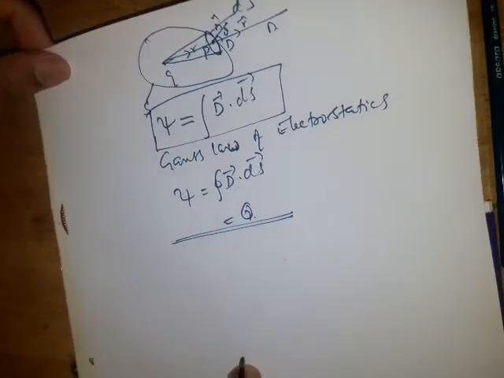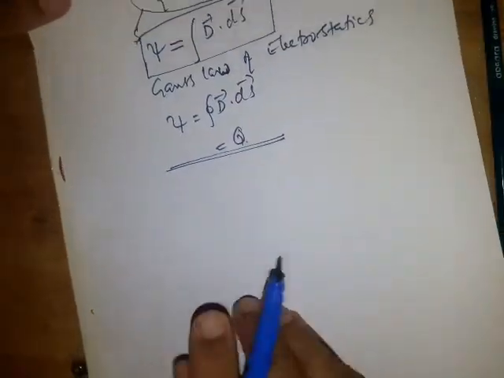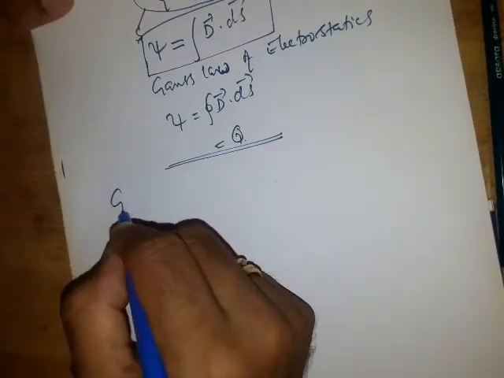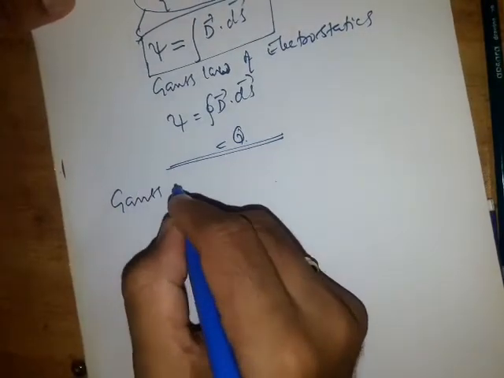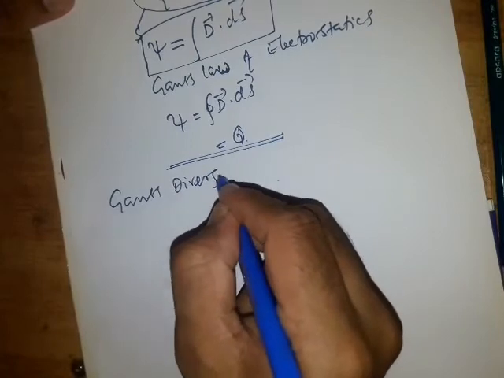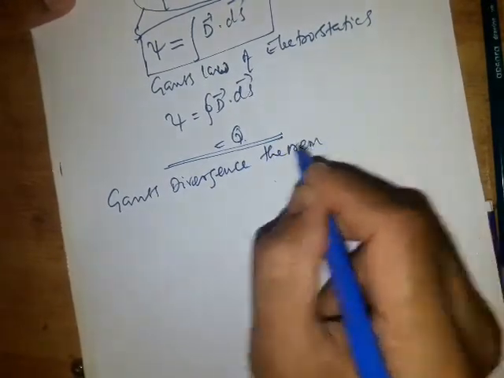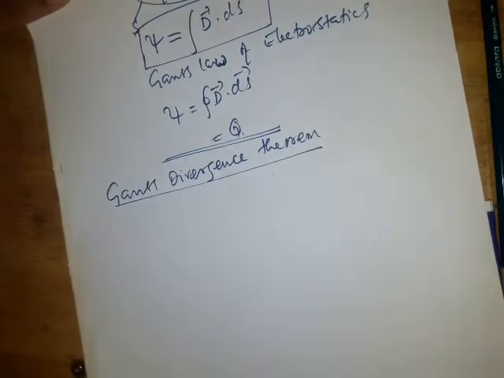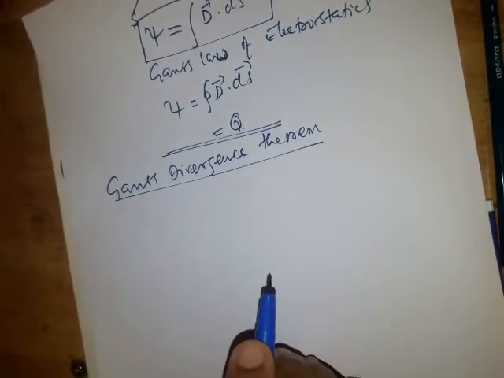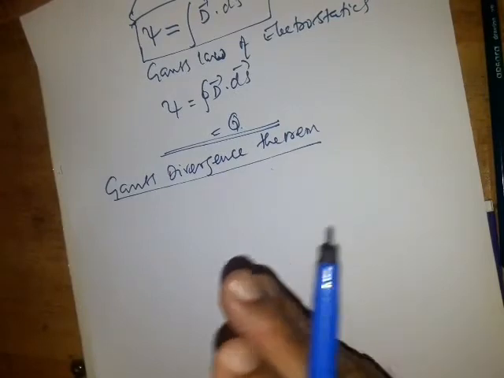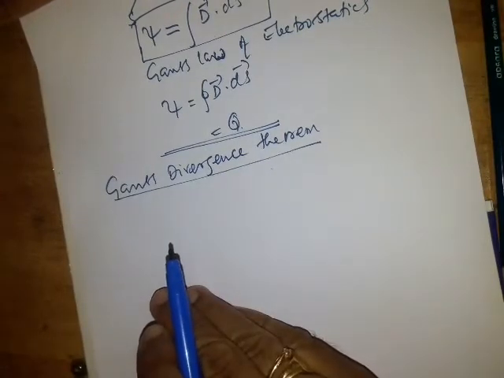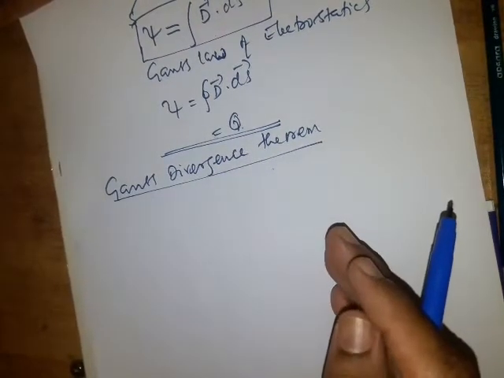Now let us see what is Gauss divergence theorem. Gauss divergence theorem relates the surface integral and the volume integral.